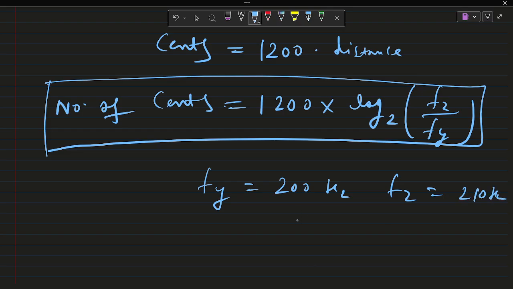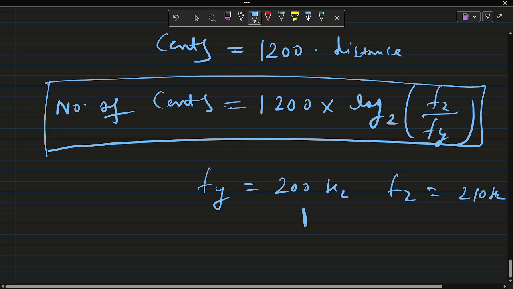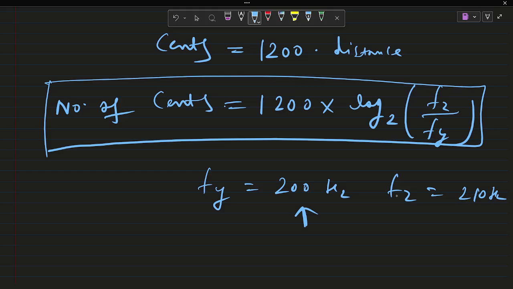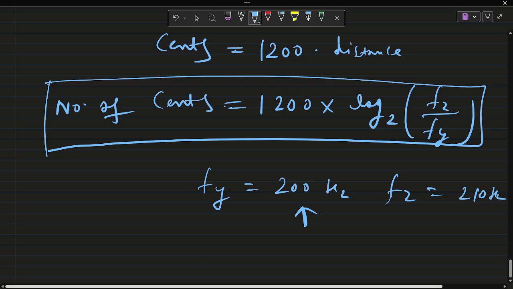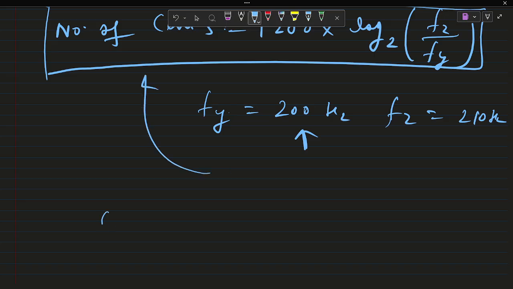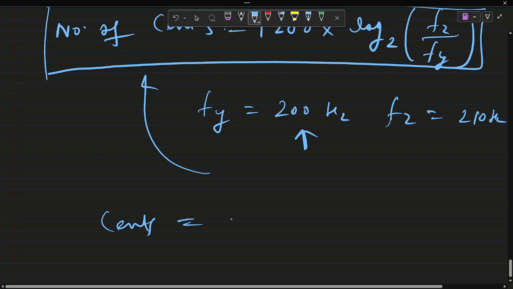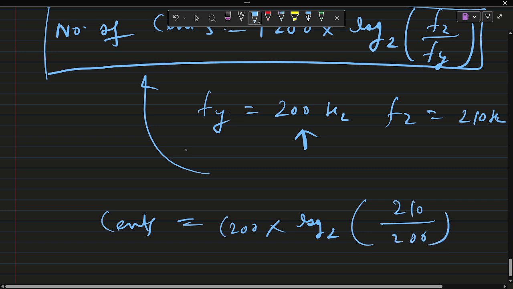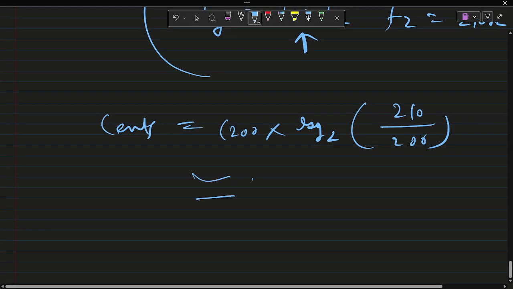So you're slightly higher than this frequency. fz is nothing but 10 hertz sharper than fy. So what should be the number of cents? Just put this into the formula. So this will be 1200 times log base 2 of 210 by 200. So the answer will be near about 84 cents.